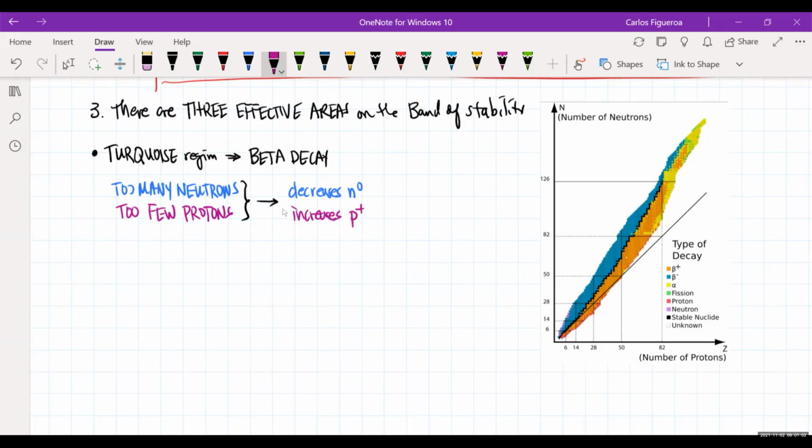So that's the fastest way to stability. Because now instead of being above the line, you're going down towards the line.